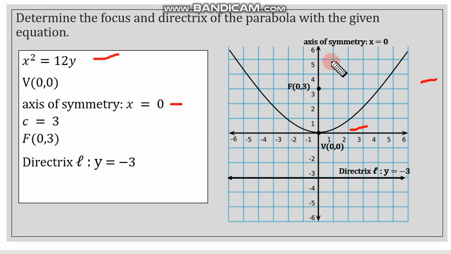The axis of symmetry is at x equal to 0. Our c is 3. Our focus is at 0, 3. Just count from the vertex, to determine, from the vertex add the value of c, 1, 2, 3. So the focus is at 0, 3, and the directrix from the vertex downward 1, 2, 3 is at negative 3.